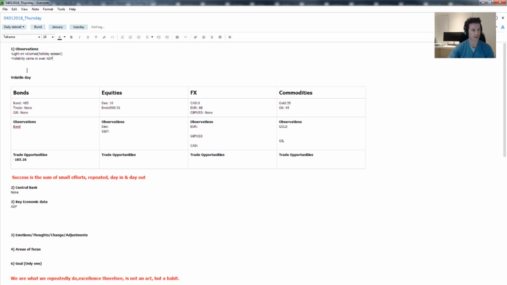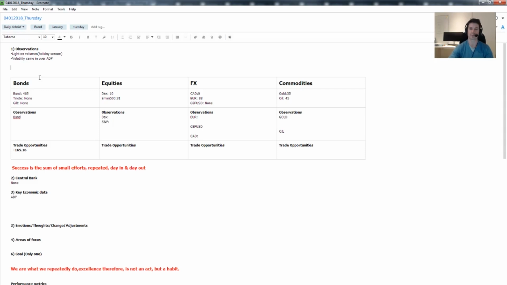Okay, once you've done that, we move on and we start to become observational. We start to observe the markets as per individual markets. Initially we start off with the entire marketplace as a whole, the general structure of the day, etc. Then we move on to the markets.